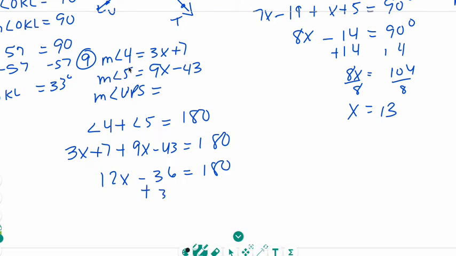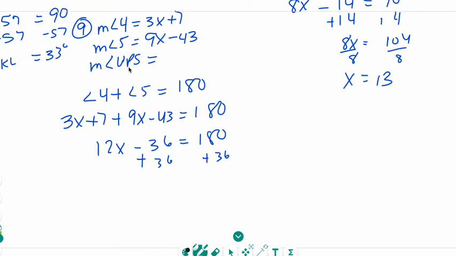Zero pair out the 36. 12x is equal to 216. Divide by 12, divide by 12. And x is equal to 18.